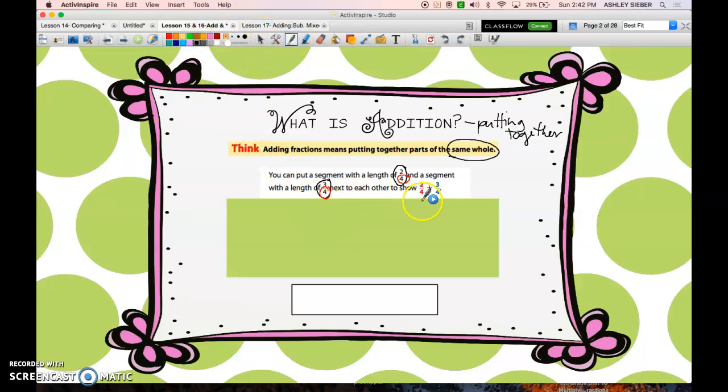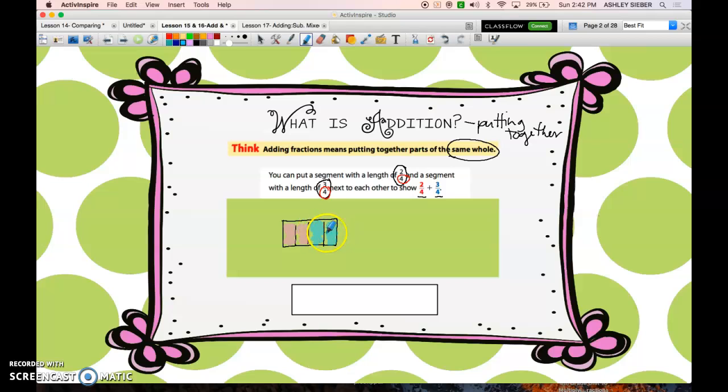If I wanted to add 2/4 plus 3/4, I'm going to start and draw a picture of 2/4. I know my denominator tells me I need 4 parts in each whole, and I'm going to shade 2 of them. Now, if I want to add 3/4 more, that means I'm going to shade in 3/4 more in my picture.